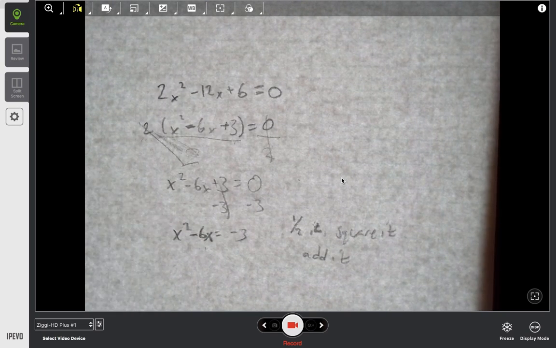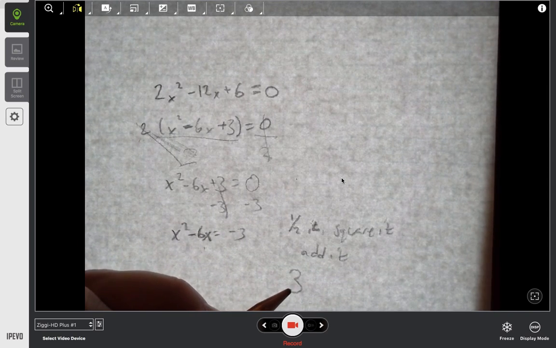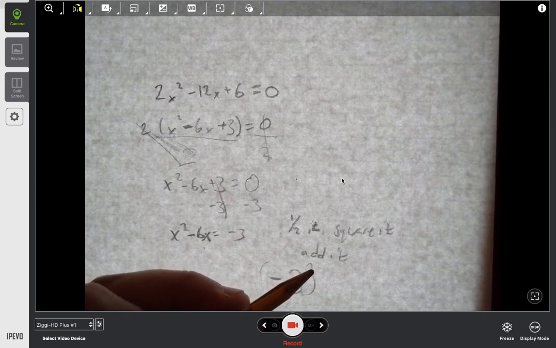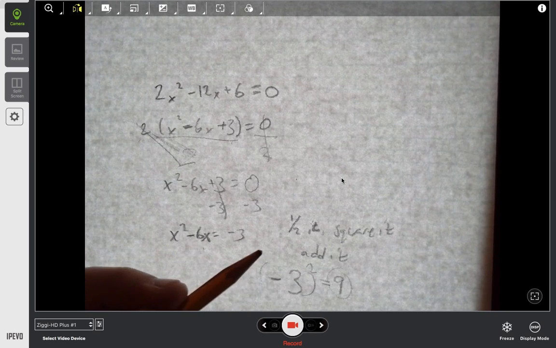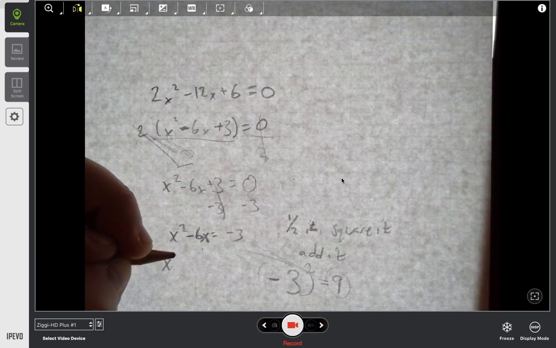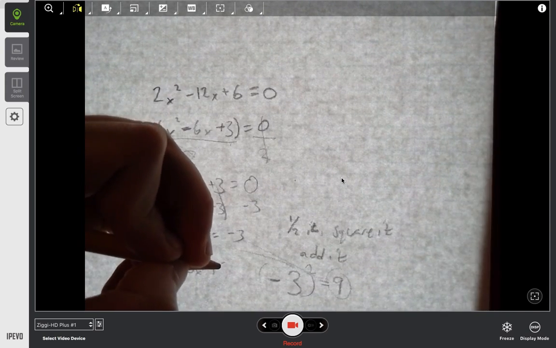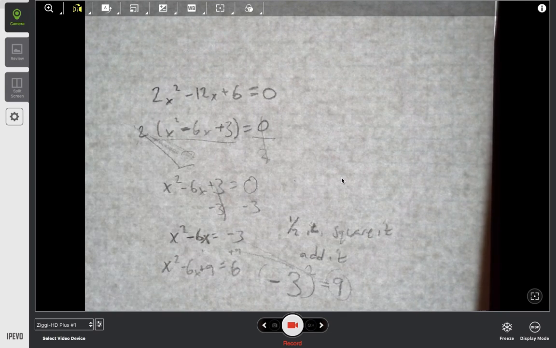I forgot to put the x there. So I'm going to get half of 6. That's 3, or I guess technically negative 3. Then I'm going to square that. Well, now that's just going to become positive 9 no matter what. And I'm going to add that to both sides. So now I'm going to get x squared minus 6x plus 9 equals negative 3 plus 9, which is positive 6.